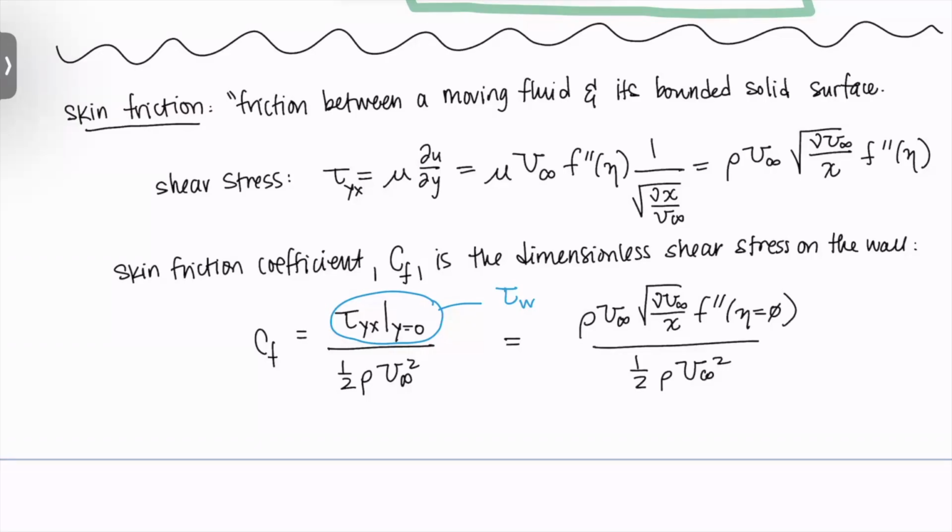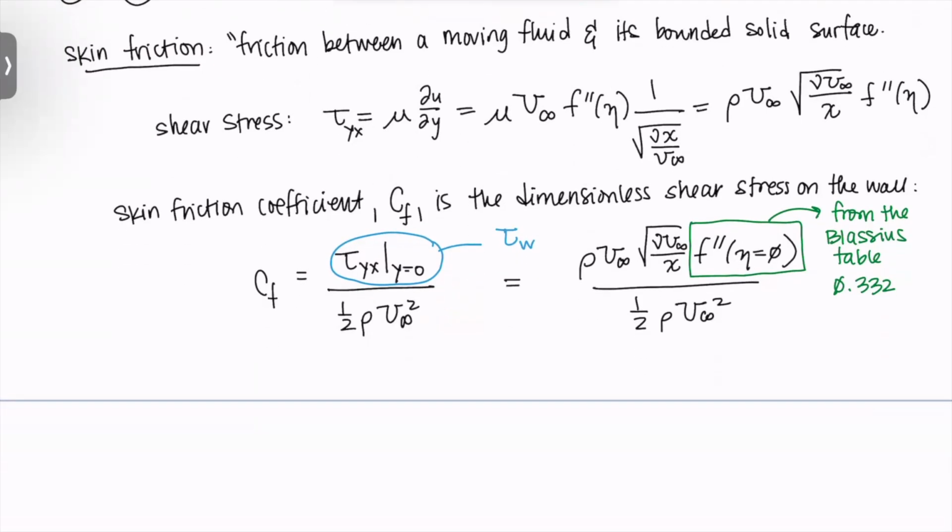And this we can look up in the Blasius table. So from the Blasius table, we know that this value is 0.332.